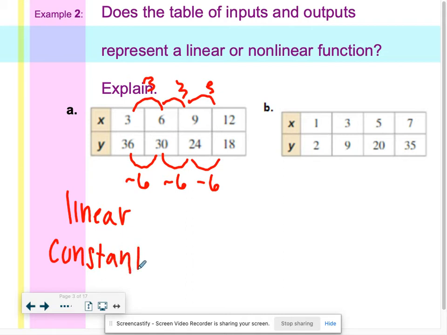Constant rate. The next one isn't, because on the y-axis it's not going up by the same amount. That's going up by 2, and the y was going up by 7, and 9 plus 7 is 16.